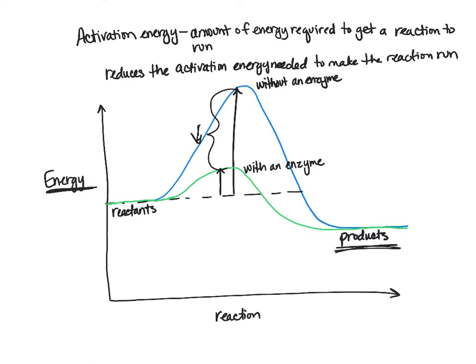Now, if we're building something up, it's very, very similar. Our reactants, we have our two simple molecules, and we're going to build them up into a more complex molecule. So what the enzyme will do is it will have both of those molecules sitting right next to each other, and it'll kind of push them together.